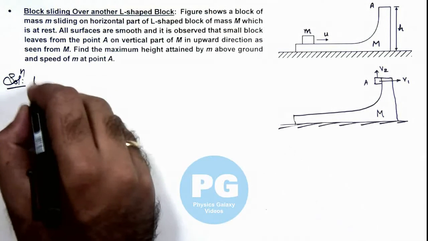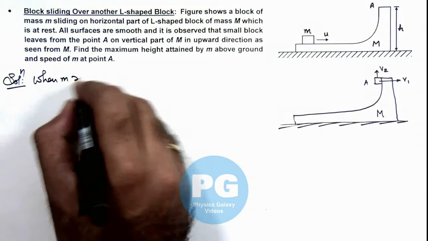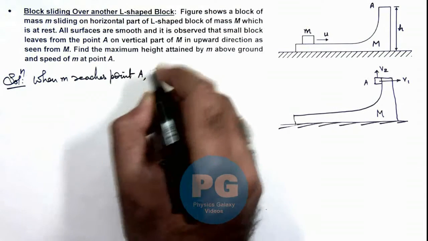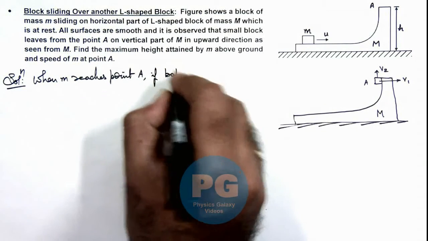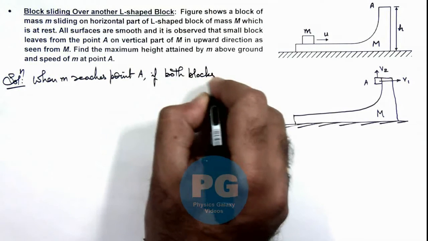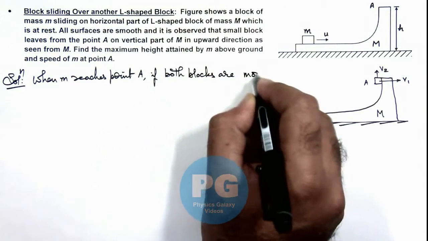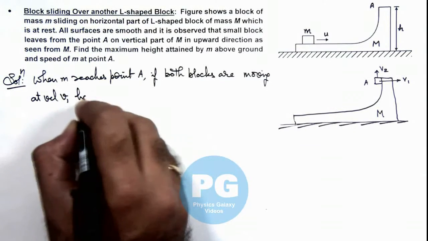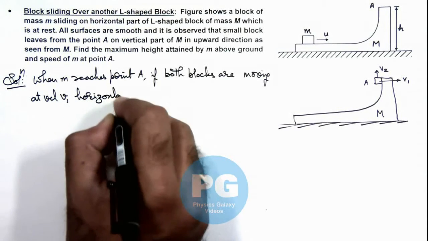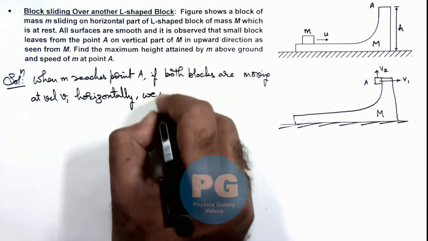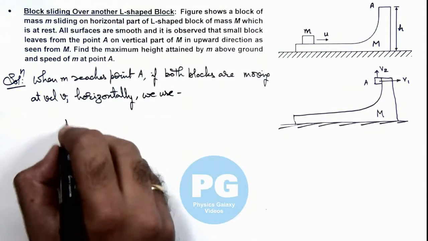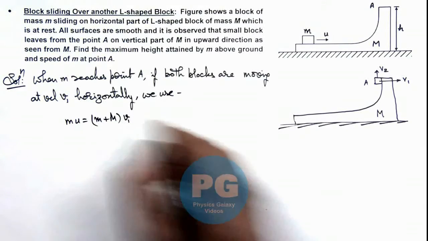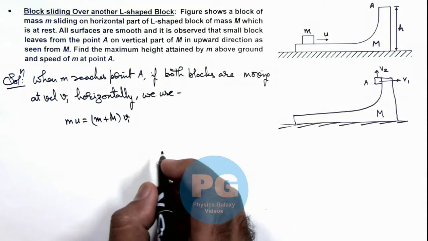So we can write, when small m reaches point A, if both blocks are moving at velocity v1 horizontally, here we use linear momentum conservation: mu should be equal to (m plus capital M) v1, because the total horizontal momentum of the system must remain conserved.